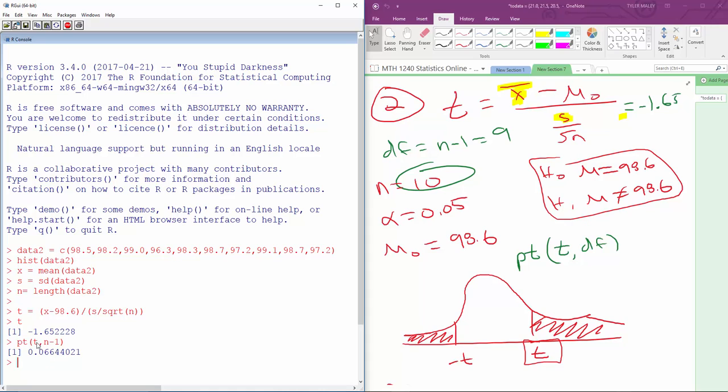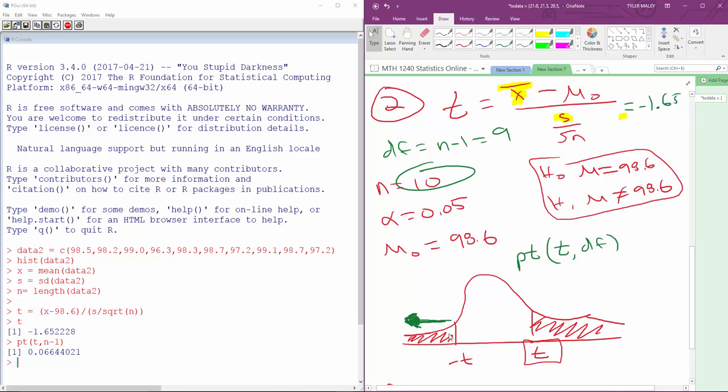But you want to be careful here, because this actually isn't the complete p-value. This p-value is going from this t statistic, in other words, this found the area to the left of negative 1.65.